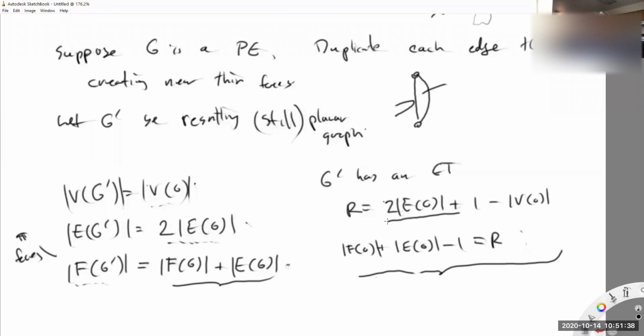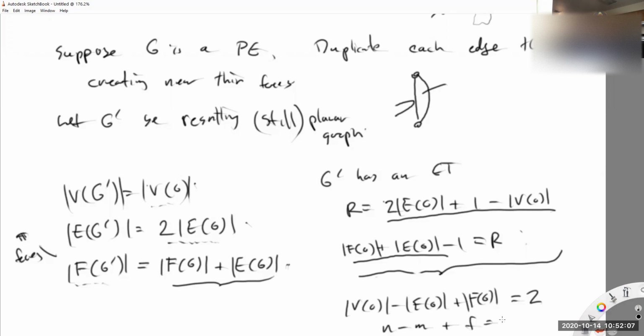I get this equals this, right? One of the E of G's cancels with one of the E of G's here. There's a minus 1 on one side and a plus 1 on the other side. If you just simplify things, maybe I won't do the arithmetic because we're out of time here, we're left with n minus m plus f equals 2. End of the theorem there, okay?